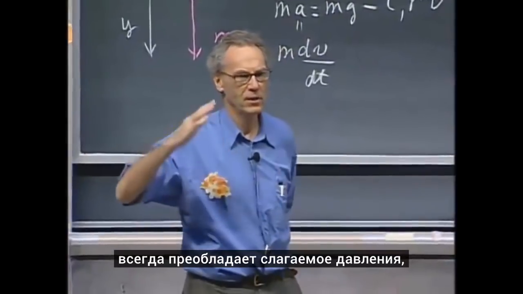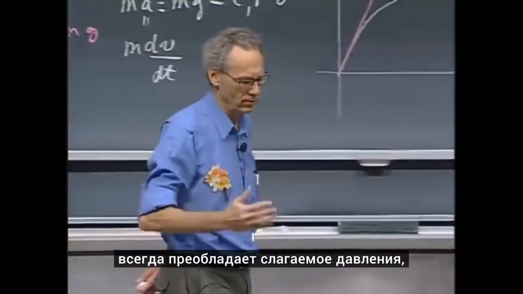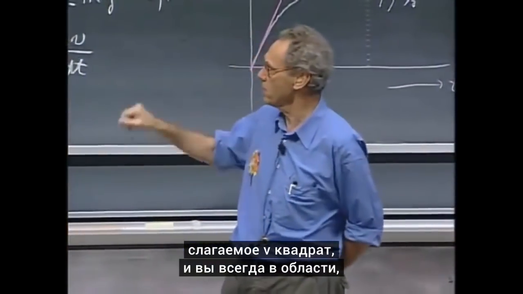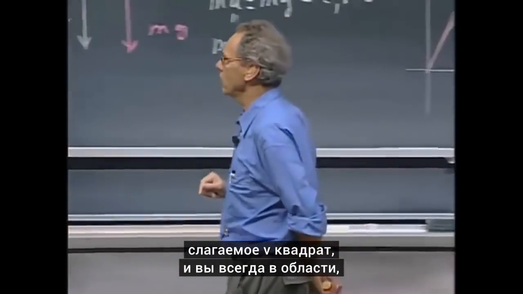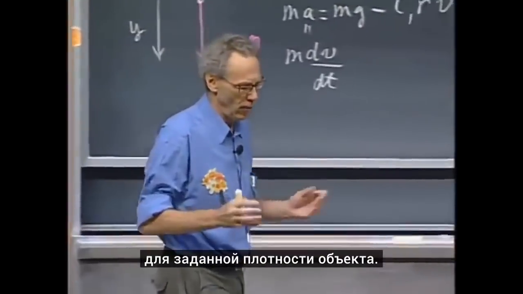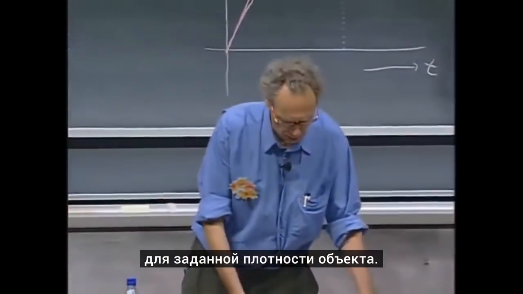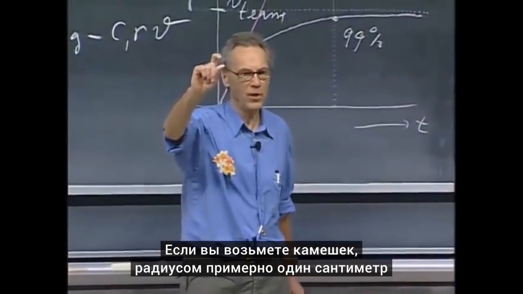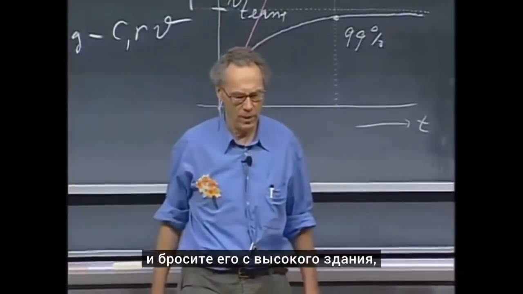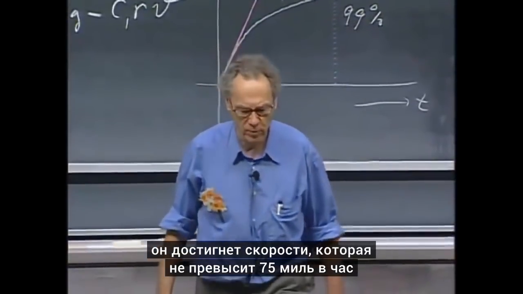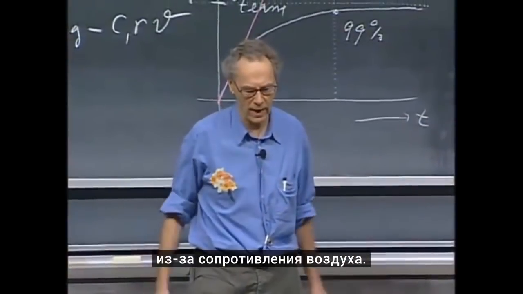You're always dominated by the pressure term, by the v² term, and you always are in a range whereby the terminal speed is proportional to the square root of the radius for a given density of the object. If you take a pebble with a radius of about 1 centimeter and you throw it off a high building, it will reach a speed which will not exceed 75 miles per hour because of the air drag.